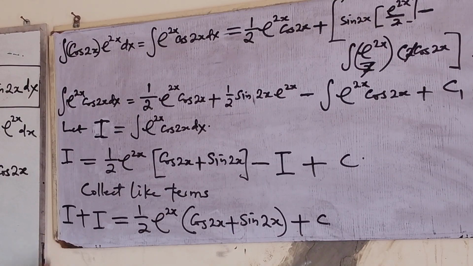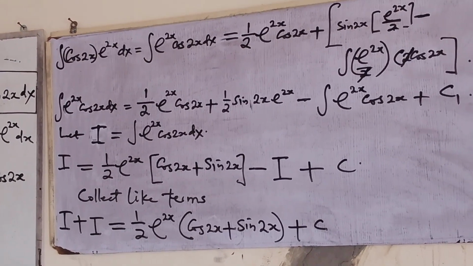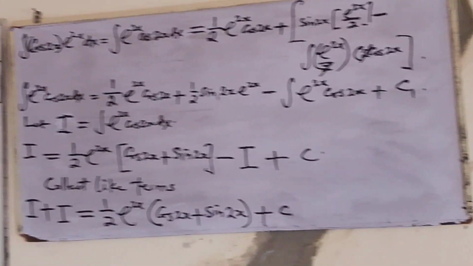Okay, so in this case now, I plus I is equal to 2I. Yes, I plus I is equal to 2I.